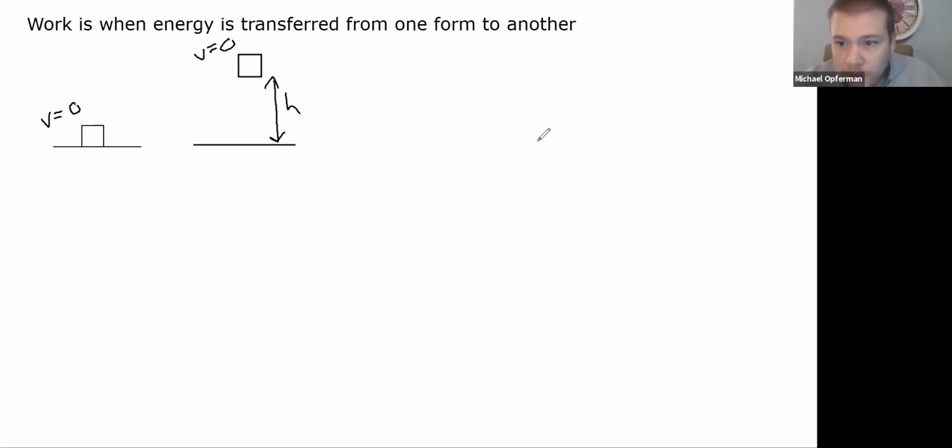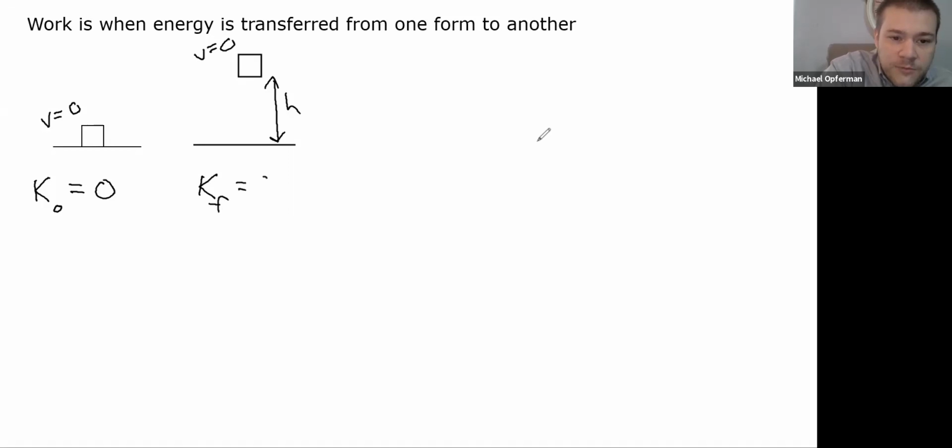Now, without introducing anything new, let me try to describe this using the energy-based framework. The relevant types of energy here are, well, you can always say that kinetic energy is relevant in a way, but in this case, it's not very interesting. We have initial kinetic energy 0, and final kinetic energy 0, because the object is at rest in both the initial and the final state.